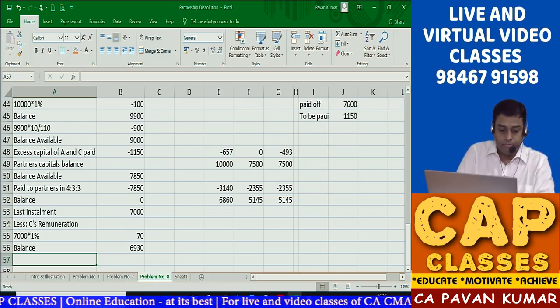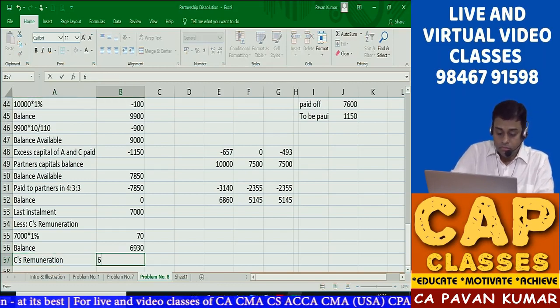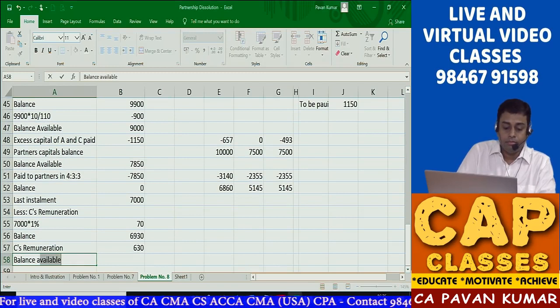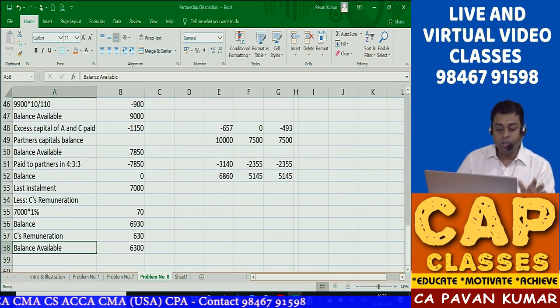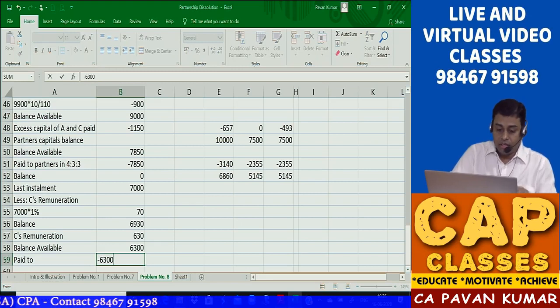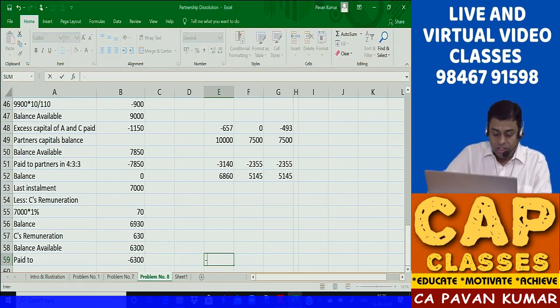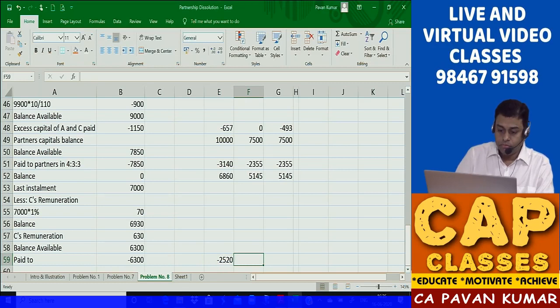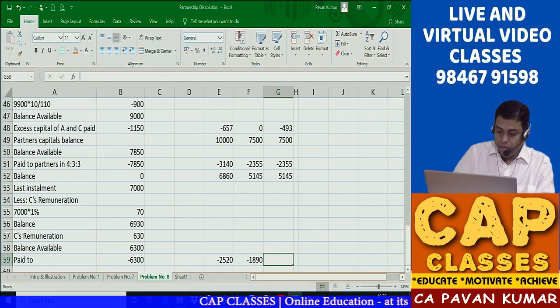So 630. Balance available is 6,300. Now this 6,300 is paid, minus 6,300. So here, 6,300 divided by 10 into 4. So 2,520 you are paying to this guy. Then 3 portions, you are paying 1,890, minus 1,890. Then minus 1,890.